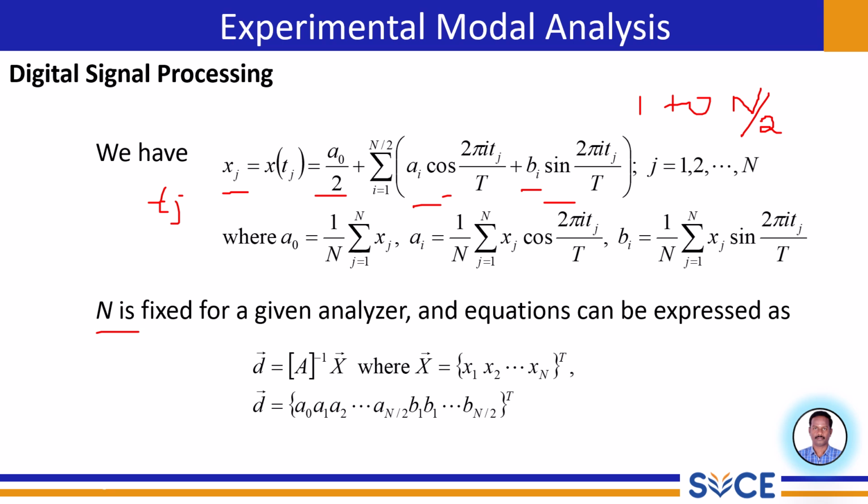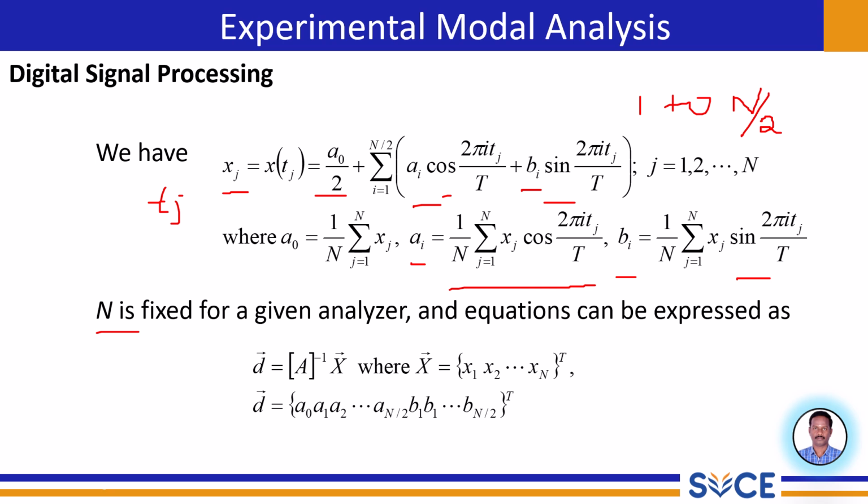This equation shows the AI associated with the cosine terms. We calculate it by correlating the input signal x of j with cosine waves of different frequencies. Similarly, the BI coefficients associated with the sine terms are calculated by correlating the signal x of j with the sine waves of different frequencies.